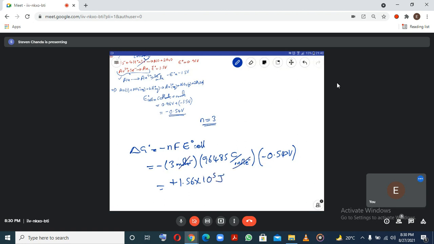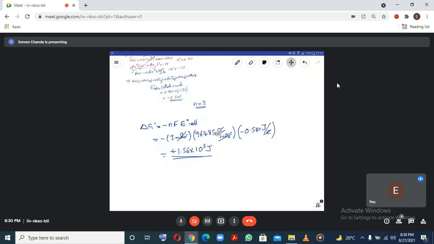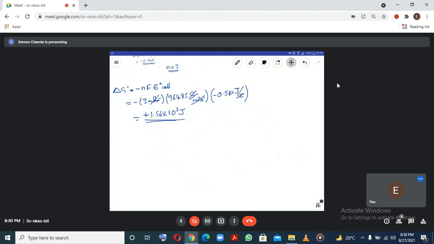Preferably here, we want to use units which are easy to cancel, so you cancel the C and remain with the J. We see that our free energy is positive, and our E cell is negative.